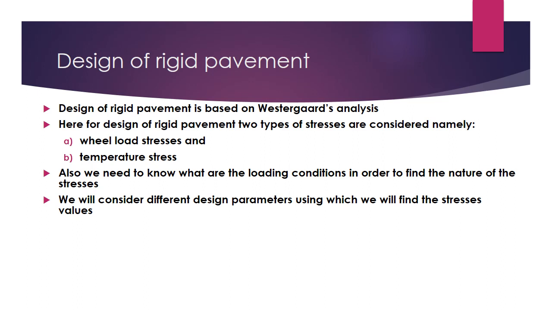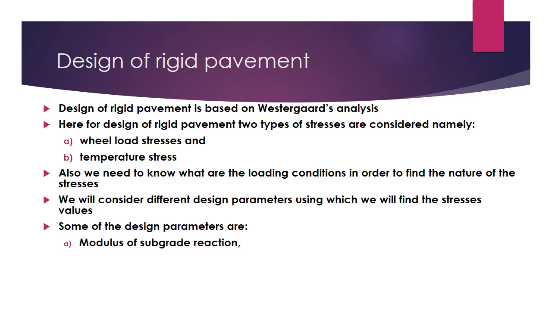Some of the design parameters that we are going to discuss: the first one is modulus of subgrade reaction. This is a value of the modulus which we have to find out by plate load test. We will see that one in the next discussion.